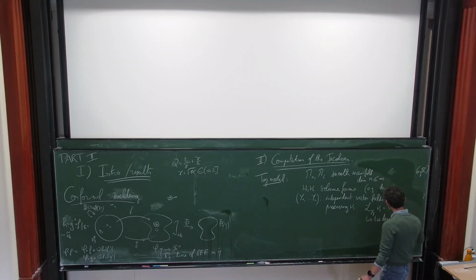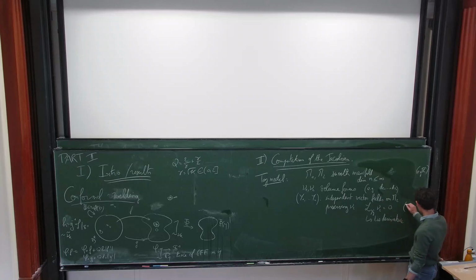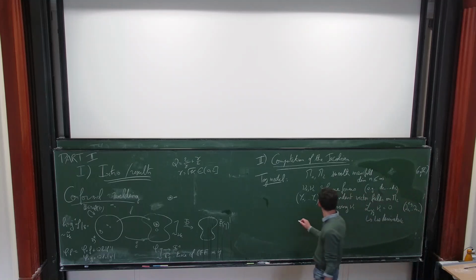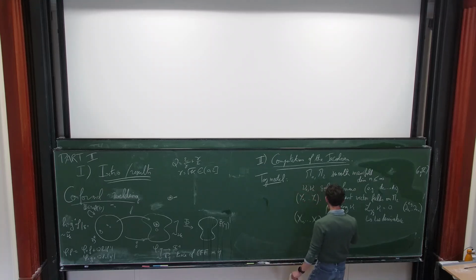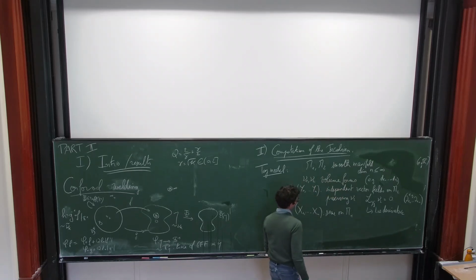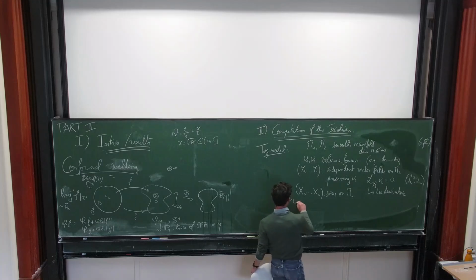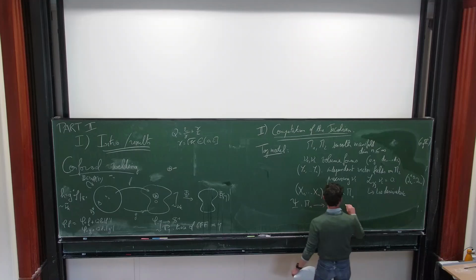If you are unhappy with this notation, you can just think of y1, ..., yn to be dx1, ..., dxn. And I want to also have vector fields x1, ..., xn, which are the same on M1. And now I pick psi to be a diffeomorphism from M1 to M2.